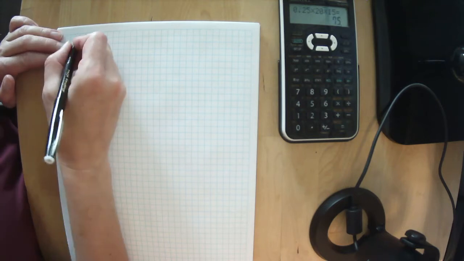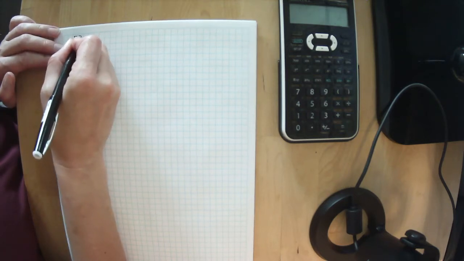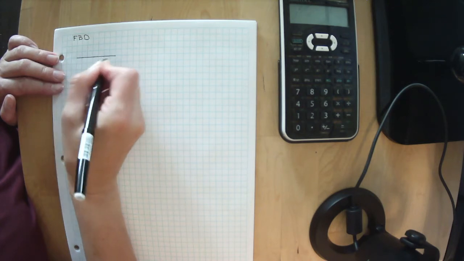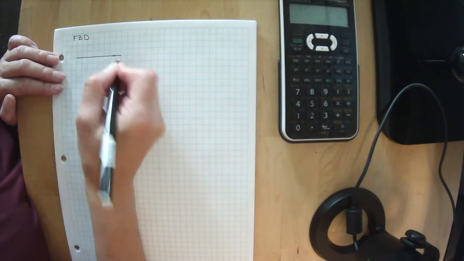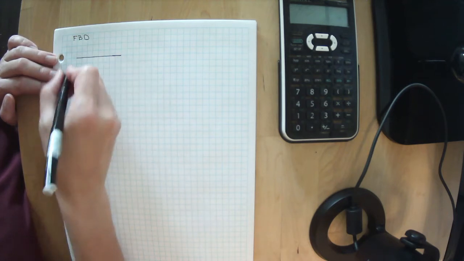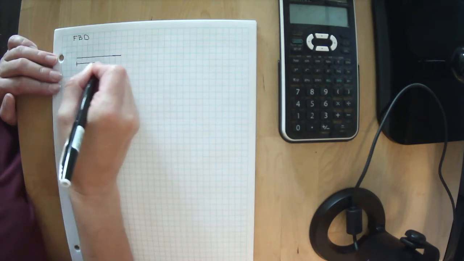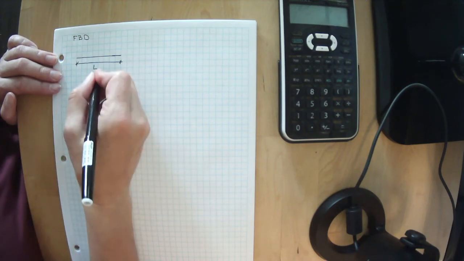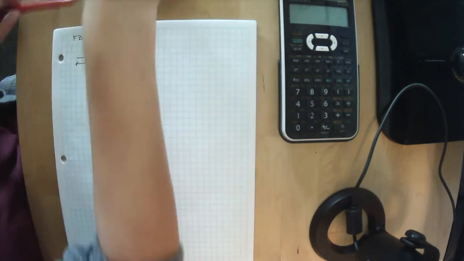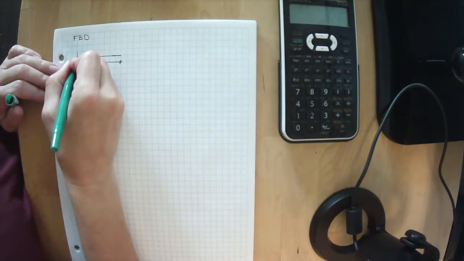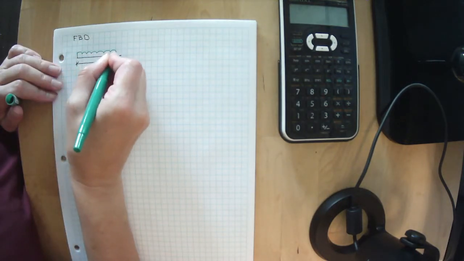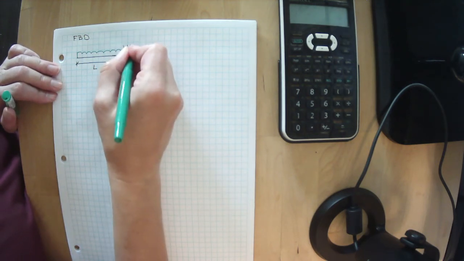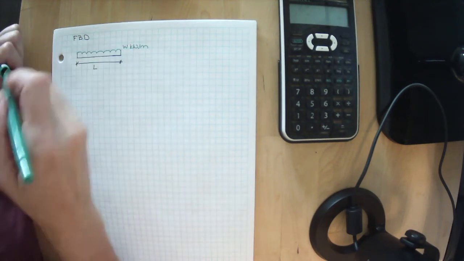Okay, let's start with our free body diagram. I like to draw it always the same length just so it represents itself nicely. All right, we have our unknown length L. We have a uniformly distributed load all along its length, W, and it's in kilonewtons per meter.